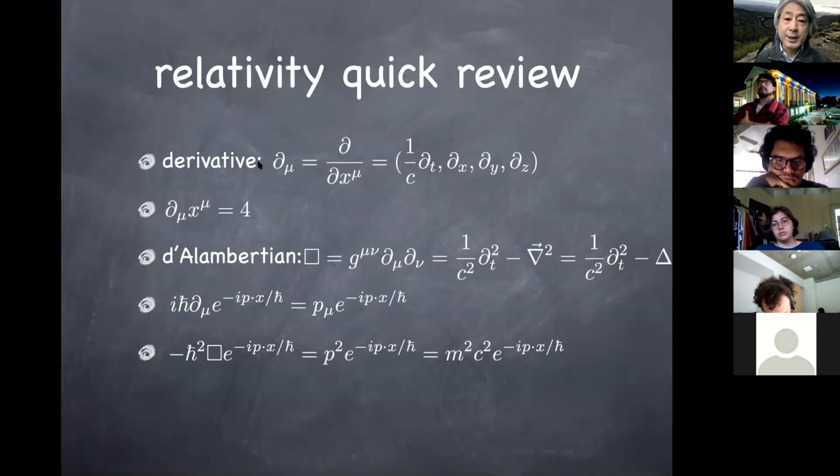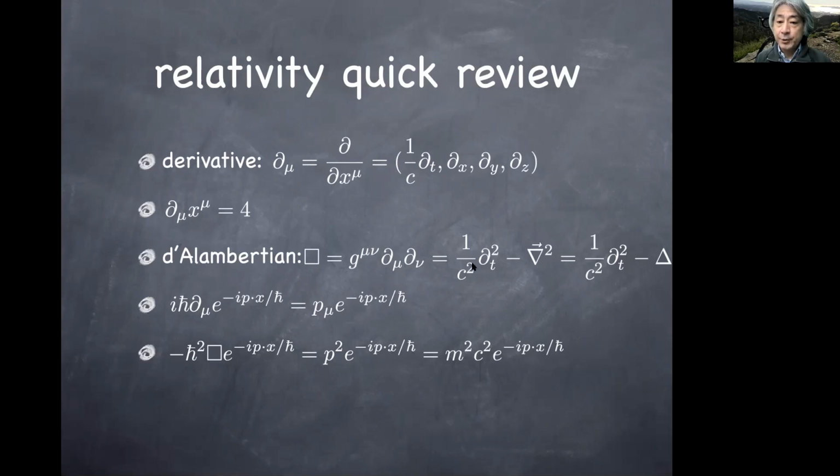And once you know that this derivative behaves as a 4-vector, then you can immediately build the Lorentz invariant again. So g^μν flips the sign of the spatial components and you sum over the indices. You find this combination to be given by 1/c² ∂t² minus the Laplacian over the space. This whole combination, again, is meant to be Lorentz invariant and is called the d'Alembertian.